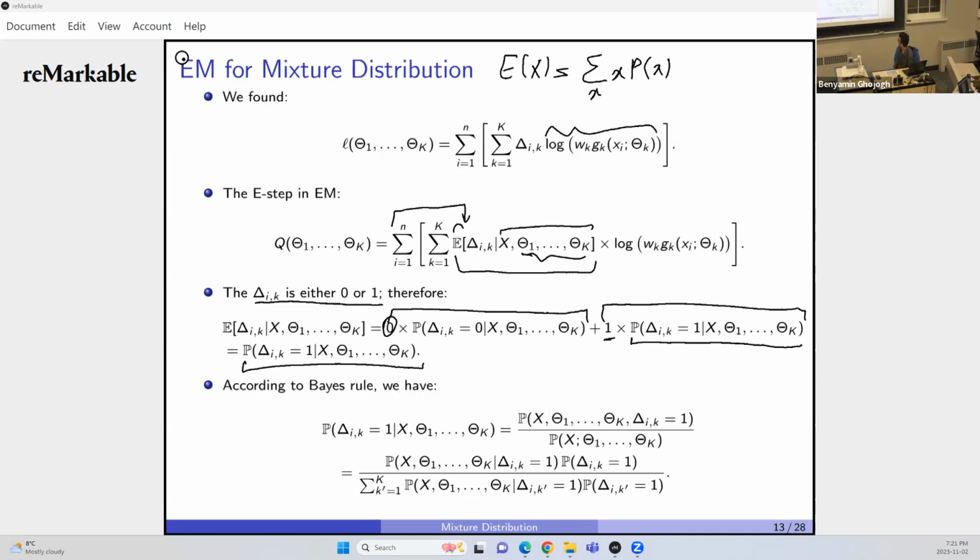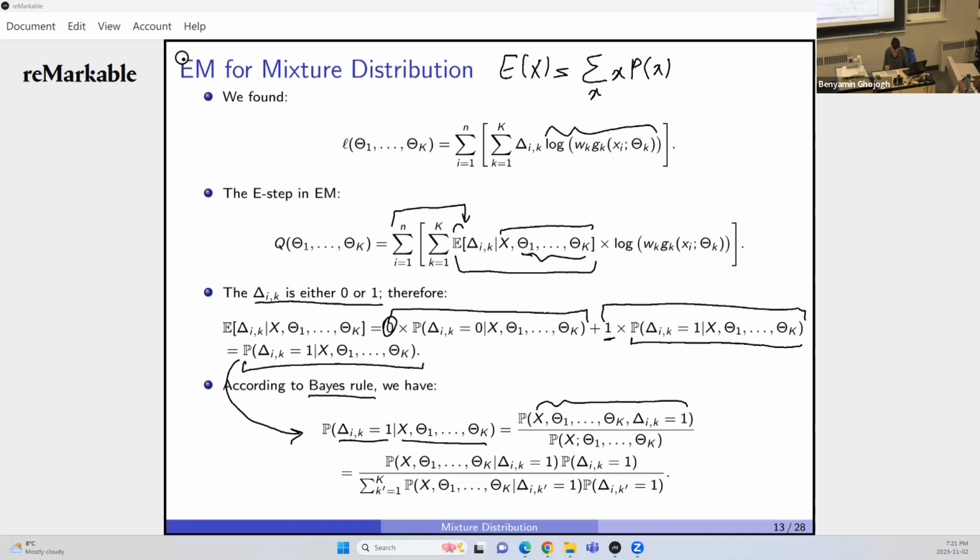So now, according to the Bayes rule, what happens? So this expectation, which was this, let's calculate it. According to the Bayes rule, the probability of delta equals 1 given x and theta becomes the joint probability of x and theta and delta equals 1, over the probability of x. Do you agree? Okay.